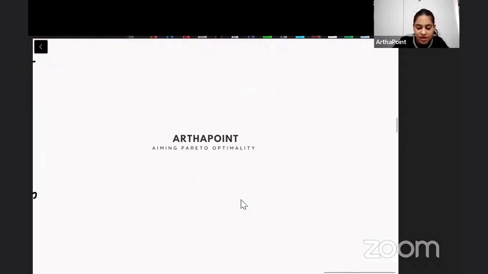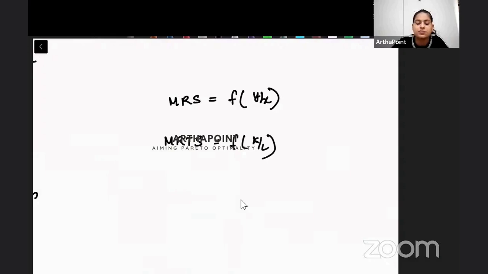If your MRS in utilities is a function of the two goods that you're using, X and Y, and your MRTS is a function of K by L, these are called homothetic functions.